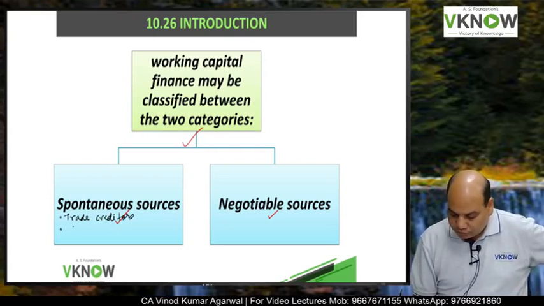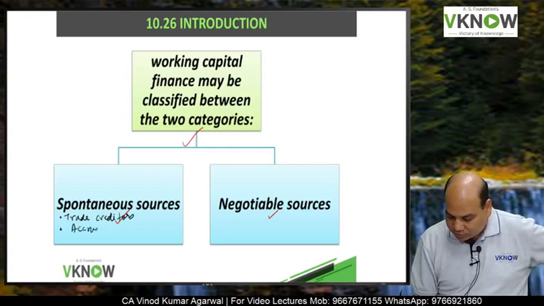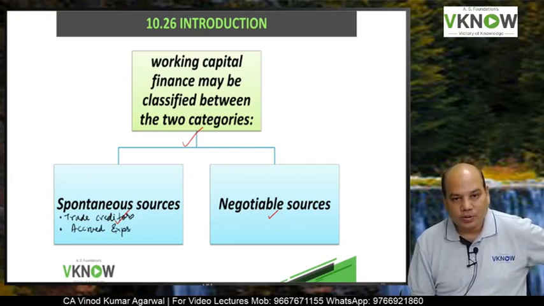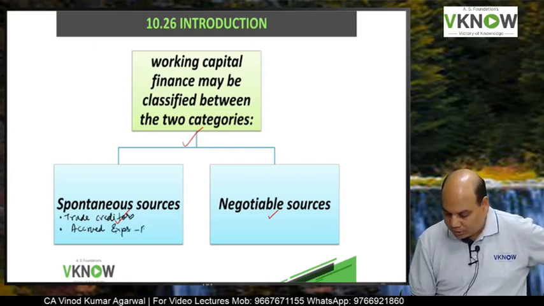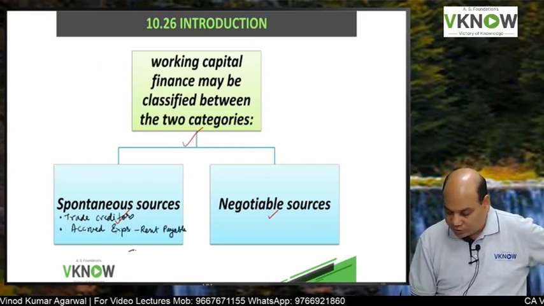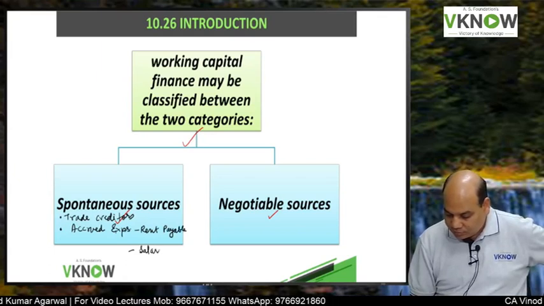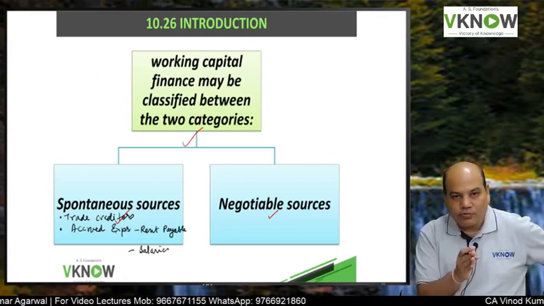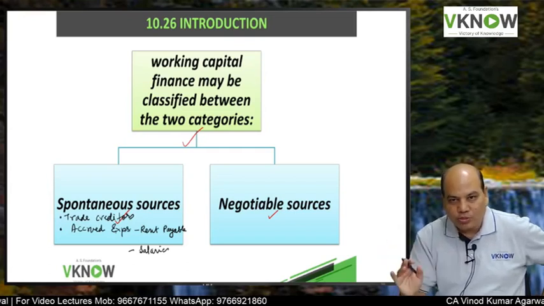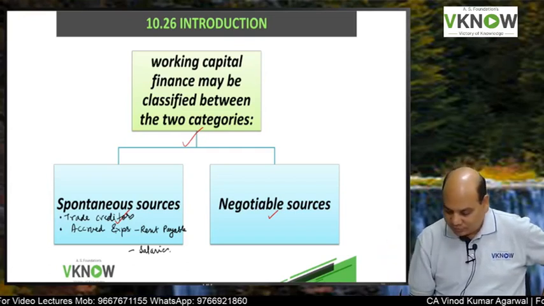Then you have accrued expenses. What is accrued expense? Rent payable. You will pay after a month. So at least for 1 month you use that money. Salaries payable. Employees work from the first day to the last day, but you are going to pay them on the 7th day of the month.